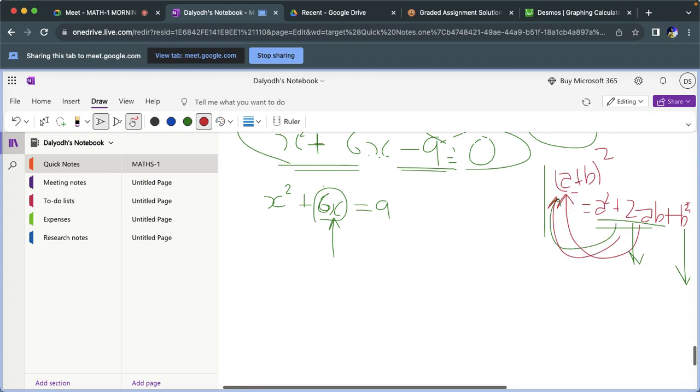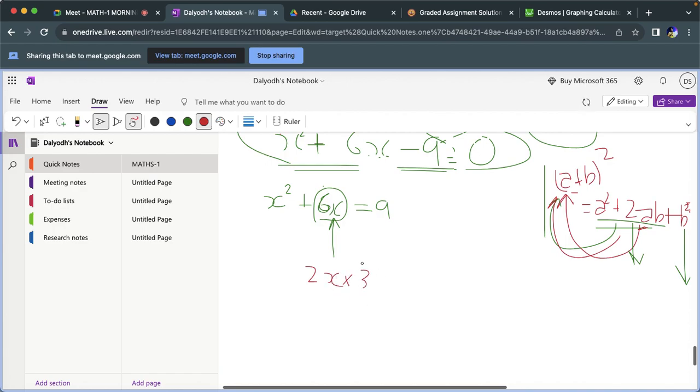We know that a square plus 2ab plus b square is the formula, but we only have a square plus 2ab. In x square plus 6x, a is x. And 6x we can split as 2 into x into 3, right?